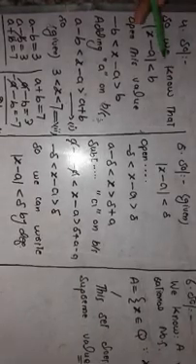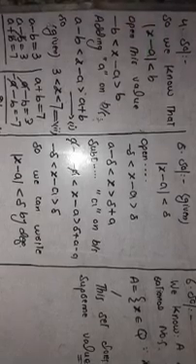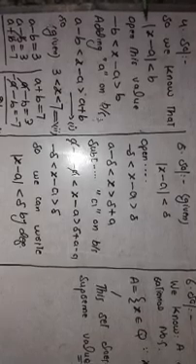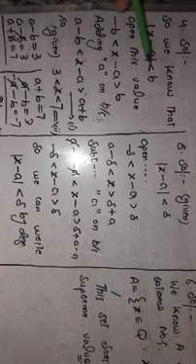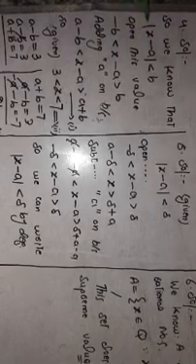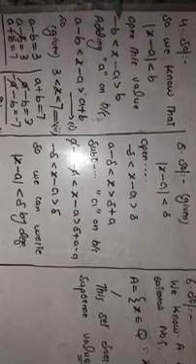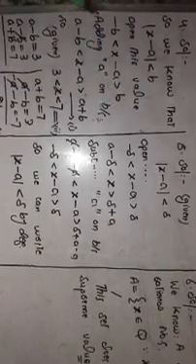As we know, the absolute value of x minus a is less than b. When we open this notation, we get two values of b: one is a negative value of b and the second is a positive value of b.